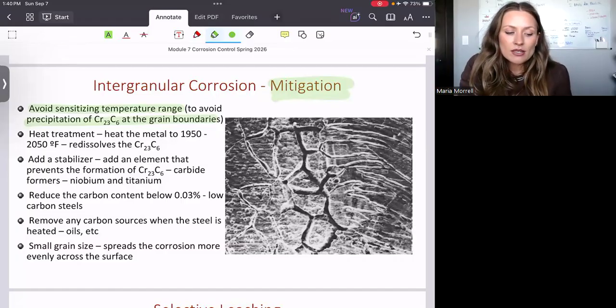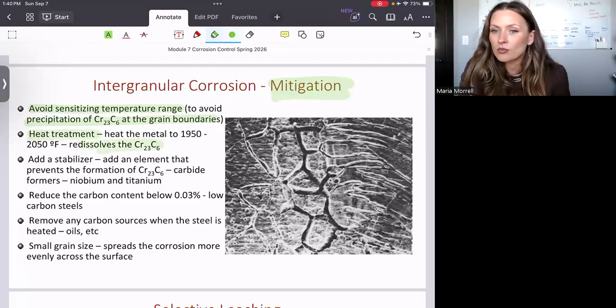Now, keep in mind that you can use a heat treatment to redissolve chromium carbide, and specifically the temperatures I'm giving here in Fahrenheit, it's going to be about 1000, 1100 degrees C if you operate in Celsius, just like me. Now you can also add a stabilizer, and specifically either niobium or titanium.